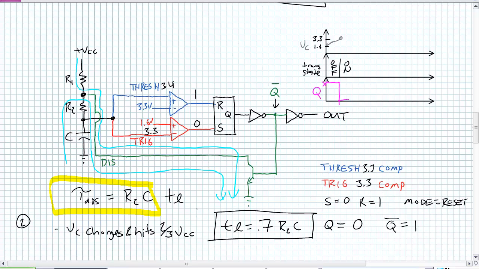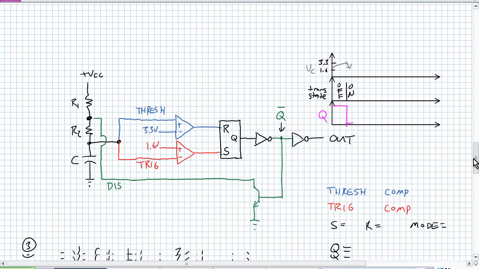Let's continue though to make sure that we get back to that same state. So what's happening when it discharges? Well, it's discharging through a single resistor, and as we said, according to our timing diagram, the time that it takes to discharge is probably going to be a lot faster than the time that it took to charge. There's going to be a certain point, however, when it discharges to 1.6 volts, basically the input for the second comparator here.